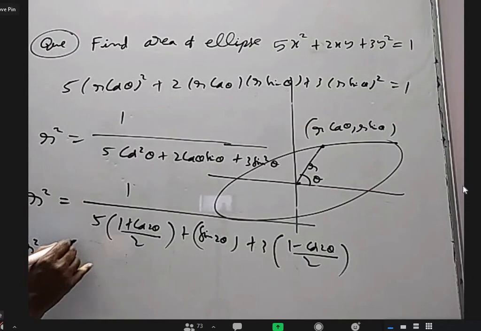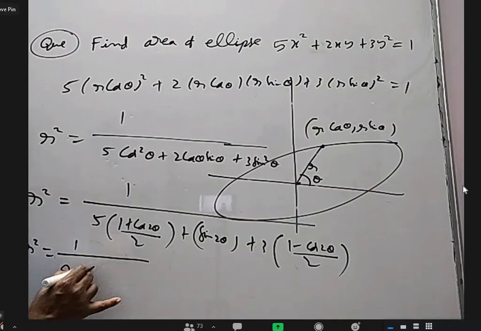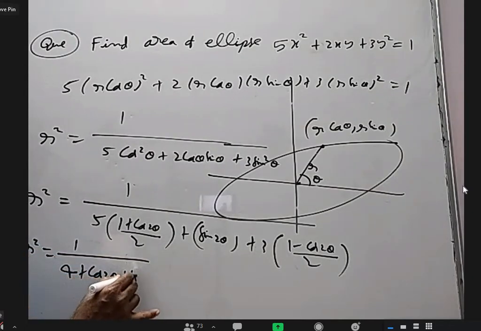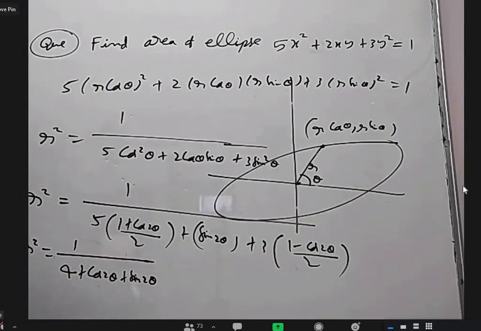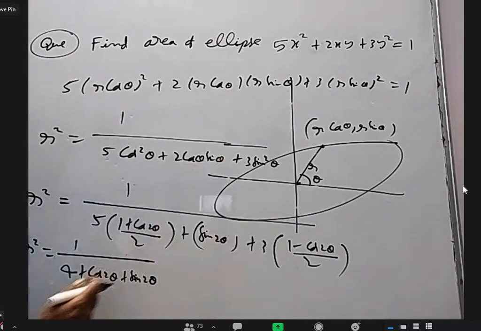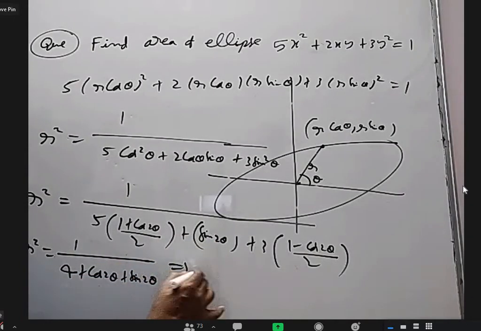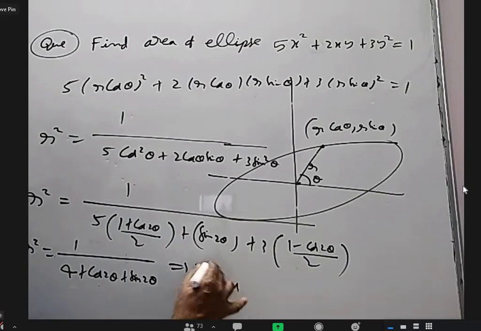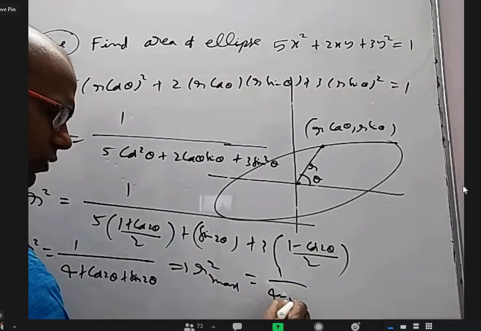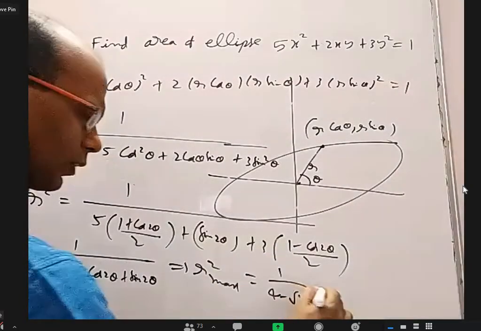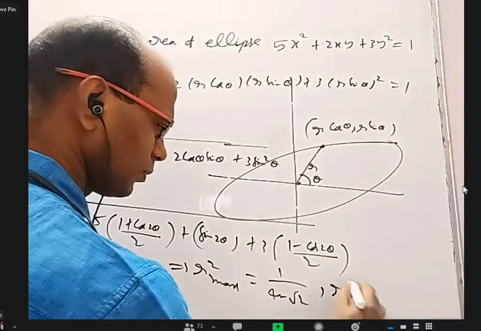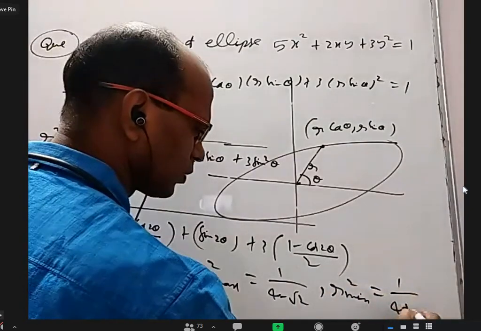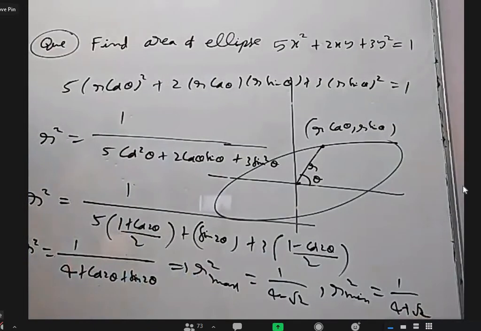So r square is equal to 1 by 4 plus cos 2 theta plus sin 2 theta. I can adjust the numbers where I would have got something else, not a big issue. From this, r maximum whole square is 1 by 4 minus root 2, and r minimum whole square is 1 by 4 plus root 2.